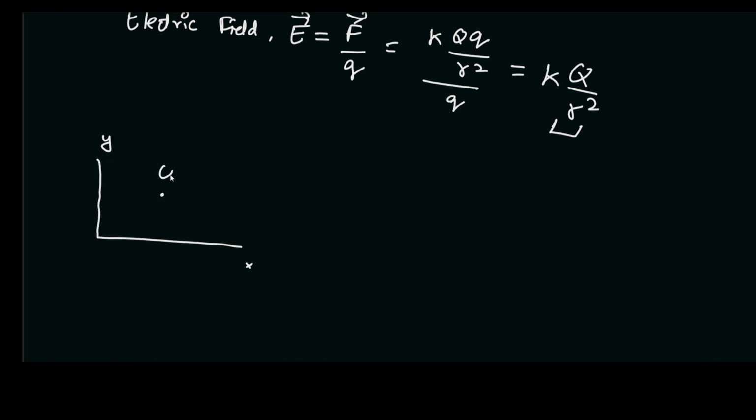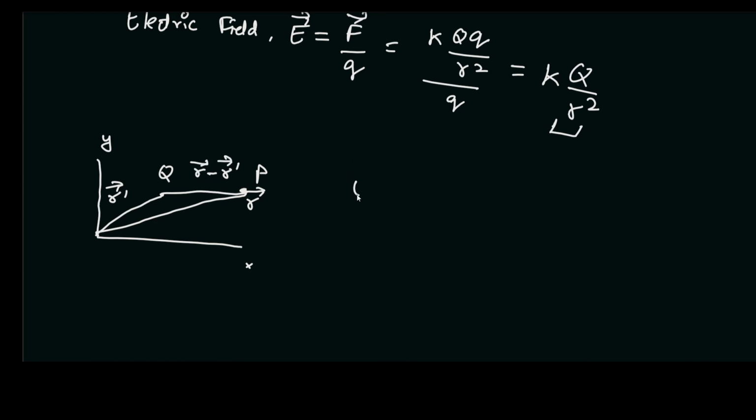Now let us call this a source charge capital Q and this as the point P. Let R dash be the position vector of a source charge and R be the position vector of the point where we want to calculate the electric field. Then the distance between them will be equal to the magnitude of R minus R dash vector.